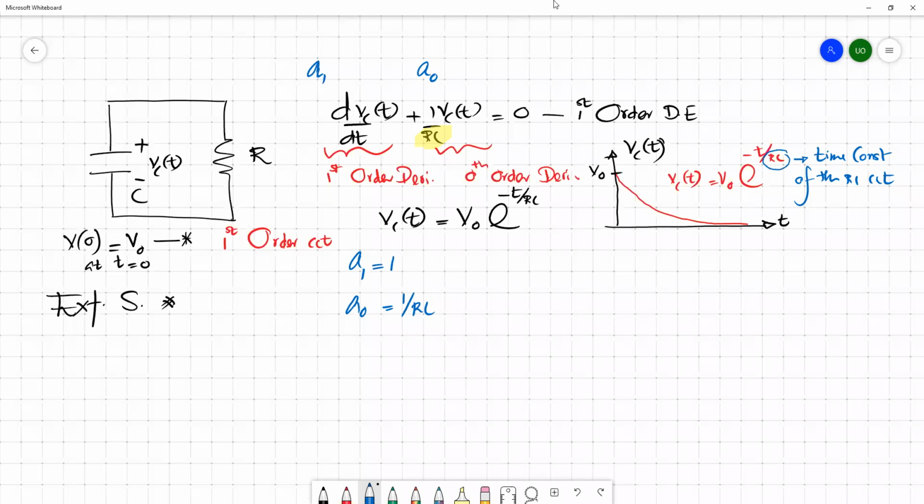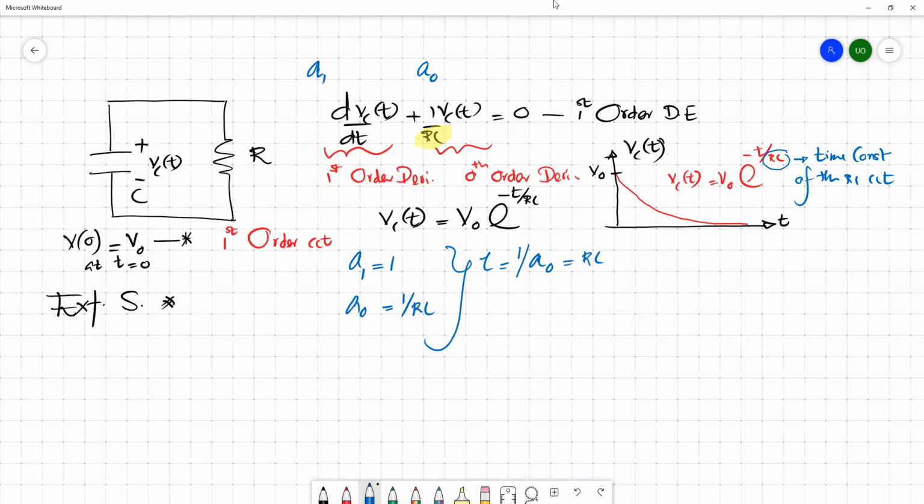So referring to the first order differential equation you obtained here, we can claim that tau, the time constant of the RC circuit, is the reciprocal of the zeroth order derivative coefficient, A naught. So this is equal to RC.